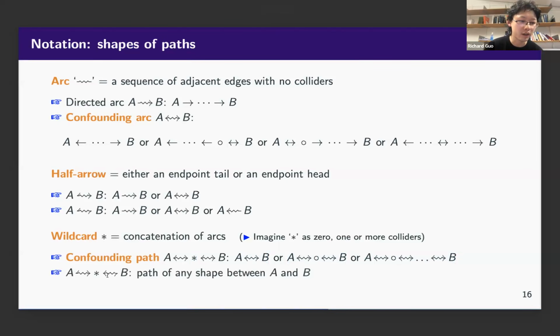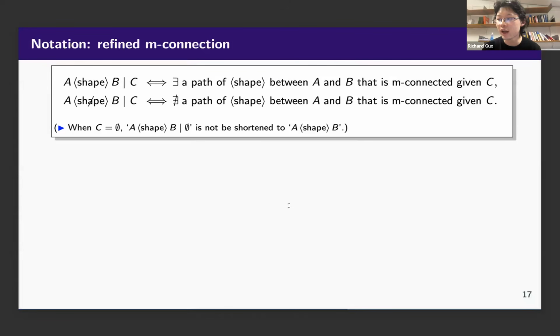And by the way, if we allow any shape of path, that is this specific symbol, half arrows with a squiggly line. Okay, so having defined such shapes of paths, we can refine this notion of M-connection or M-separation by specifying a particular shape of path.